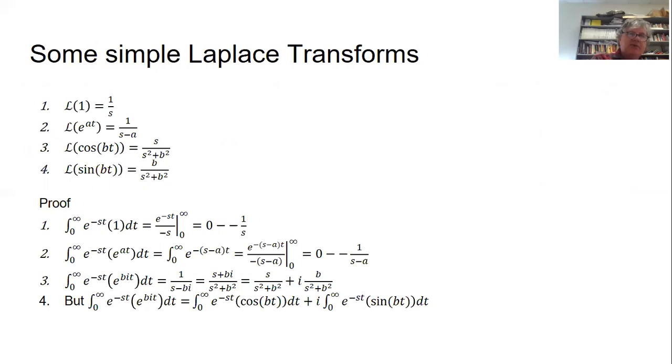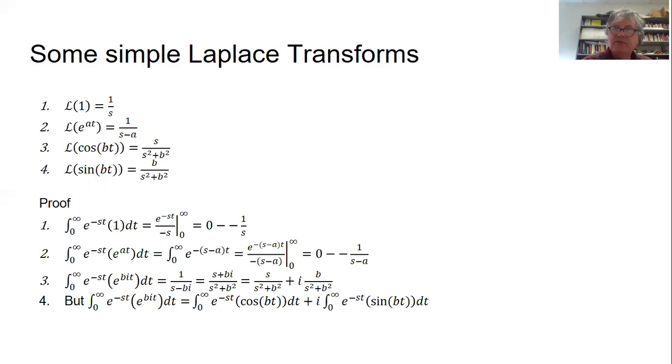So here are some simple Laplace transforms. The Laplace transform of 1 is 1 on s, and the reason for that is pretty straightforward. You just integrate e to the minus st between 0 and infinity. The antiderivative of e to the minus st is e to the minus st divided by minus s. Remember, you're integrating against t between 0 and infinity.